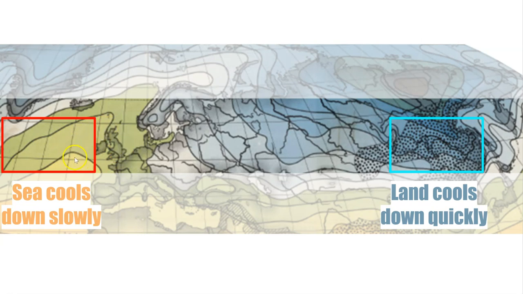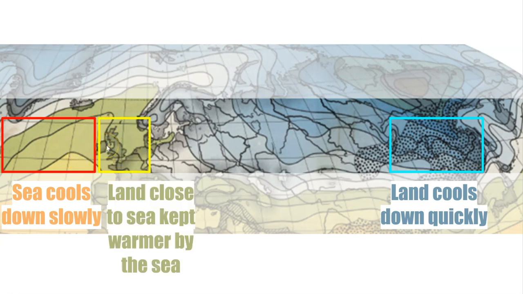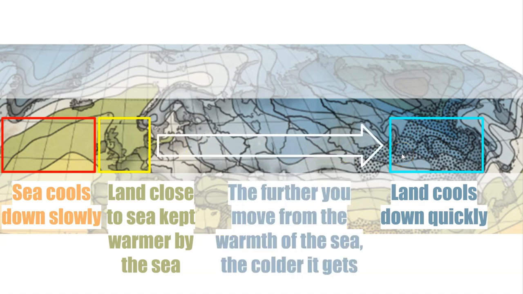We're right beside a source of heat. Therefore, we are kept a little bit warmer. We're certainly much warmer than the temperatures way over here. Why? Because we're close to this source of heat. And if you look carefully at this map, the further east we go, what's happening to the temperatures? They're getting colder and colder and colder.